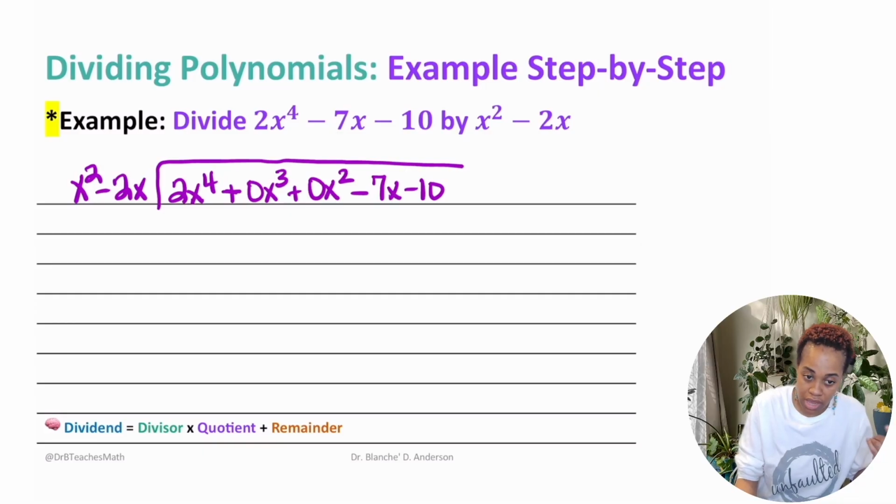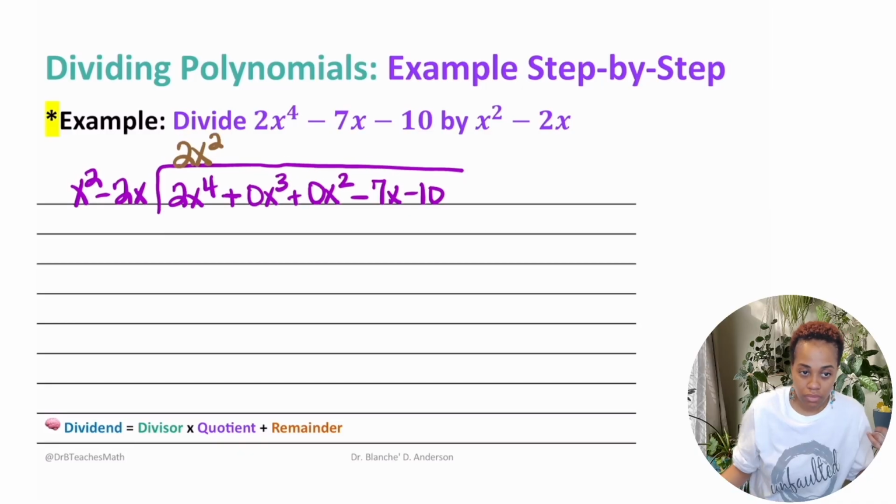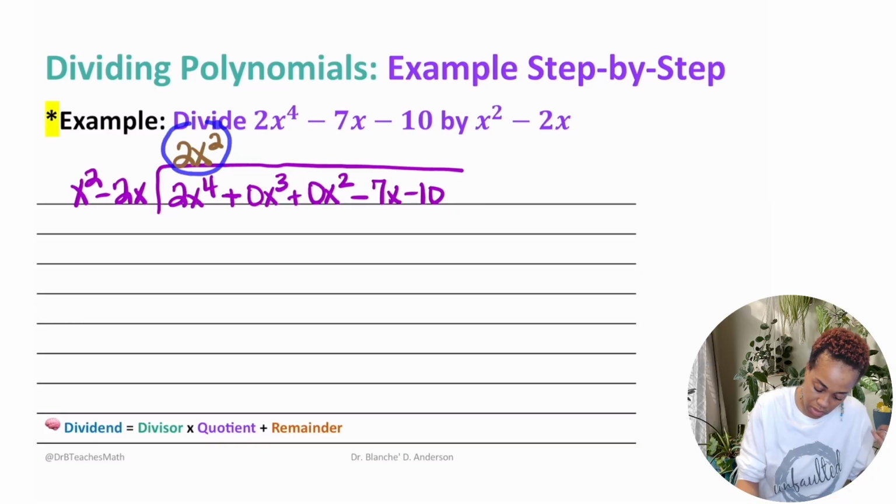Okay, so now we're going to start here. What times x squared will give me 2x to the fourth? Looks like we need a 2 and an x squared, 2x squared, right? So 2x squared times x squared gives me 2x to the fourth.